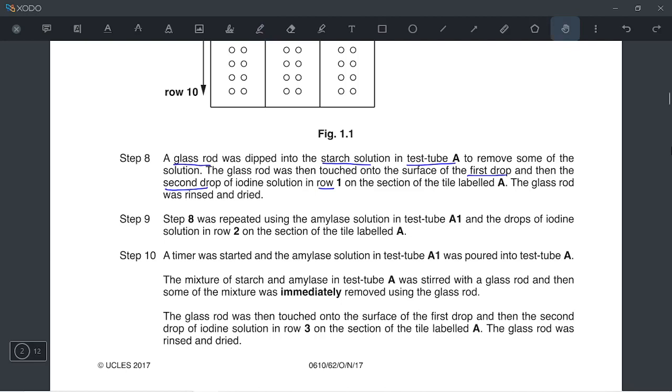Now, step 9. Step 8 was repeated using the amylase solution.